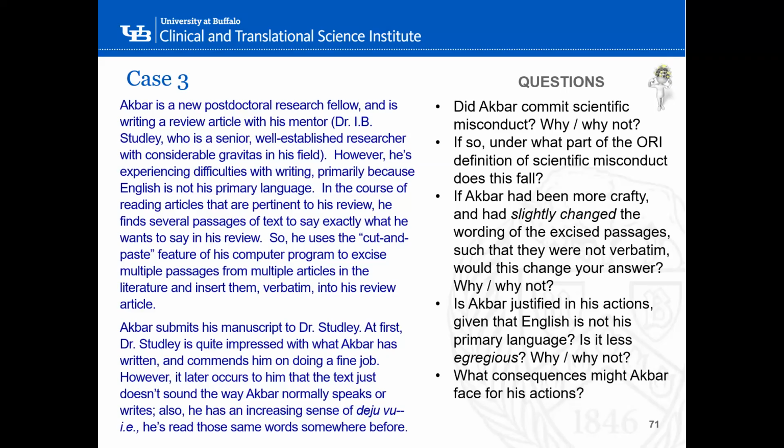So I would think that his advisor would be strict, but also more lenient and would instruct Akbar in what the correct behavior is and what the expectations are, not only of his own laboratory, of the scientific community as well.